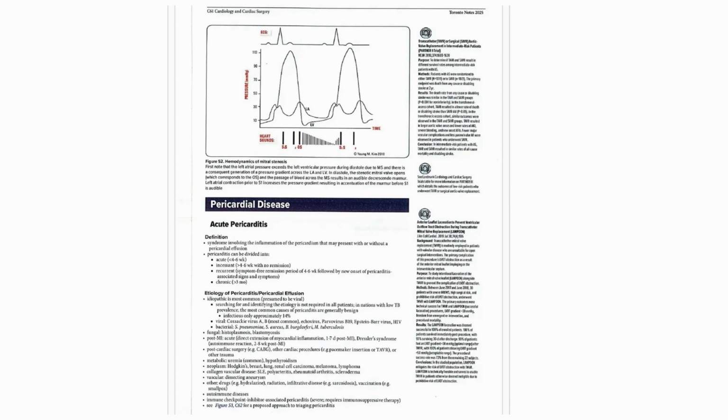Following the opening snap, turbulent blood flow across the narrowed mitral valve produces the characteristic low-pitched, rumbling mid-diastolic murmur. Notice in the figure that the murmur gradually decreases as the pressure gradient falls during diastole.